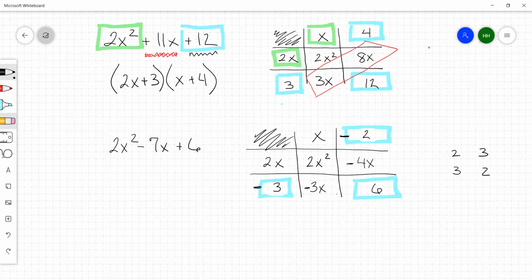Your negative 3x and your negative 4x is your negative 7x. And your negative 3 times your negative 2 is your positive 6. So your factors are going to be 2x minus 3 and x minus 2. Make sense?